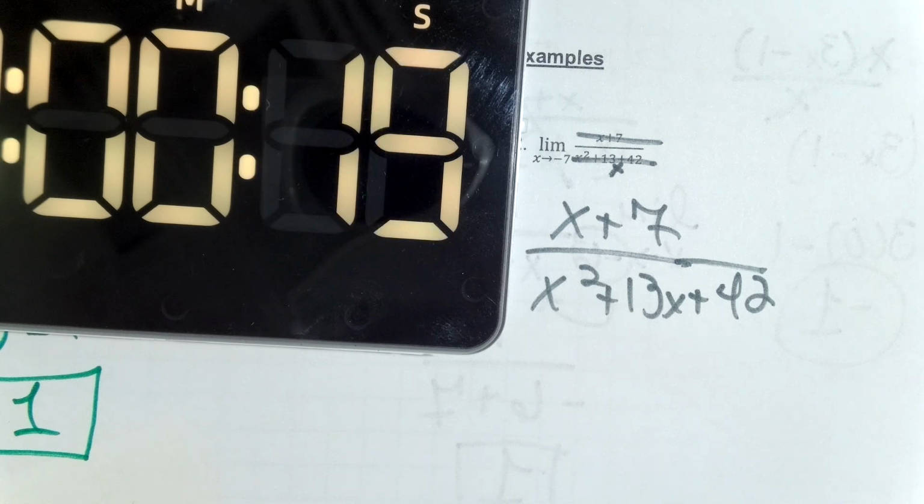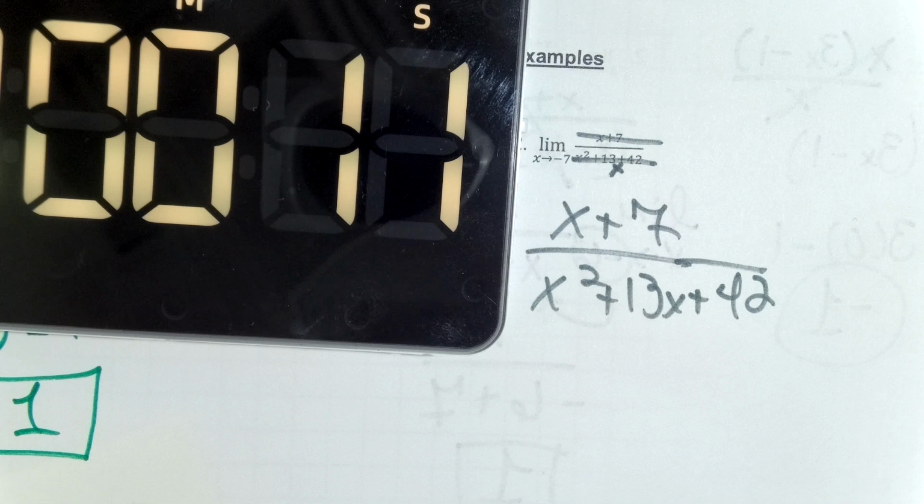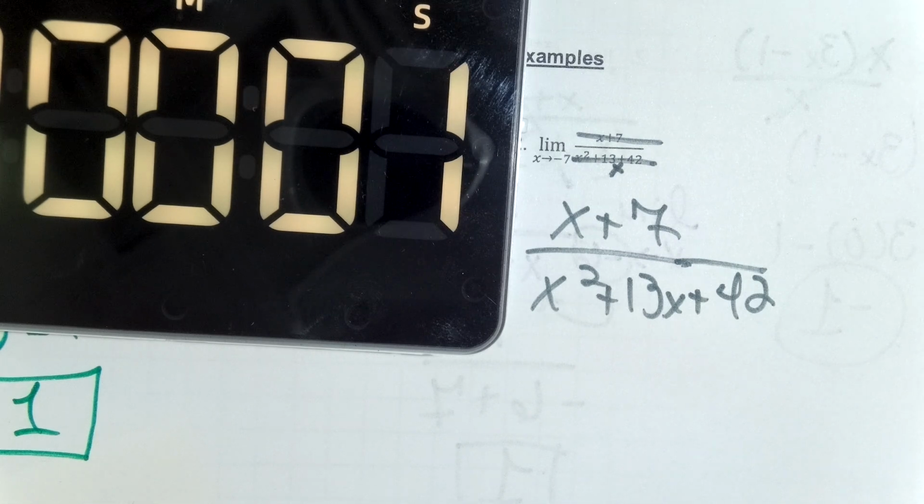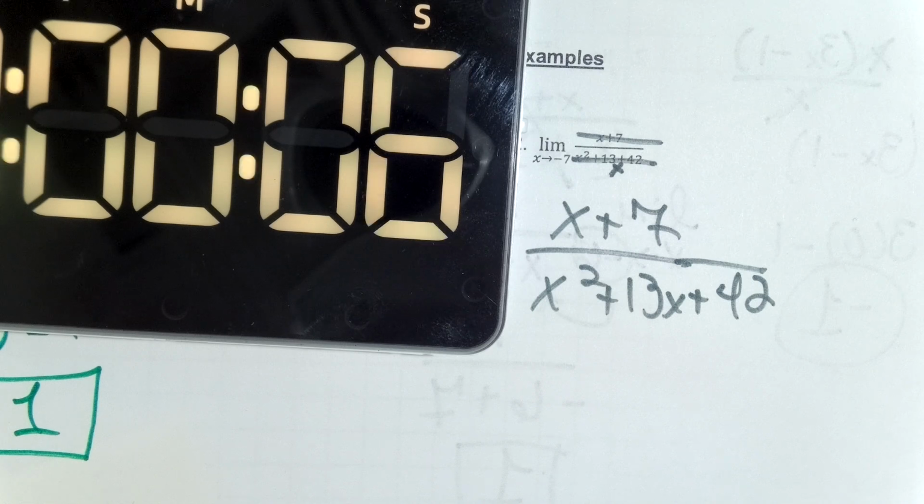No, because 3 can be divisible by all numbers. Well, you did half of it wrong. Usually that's x, right? So this should be x squared, this should be x, and that should go away. They also have 3 in common.